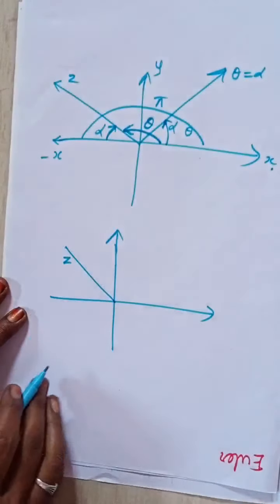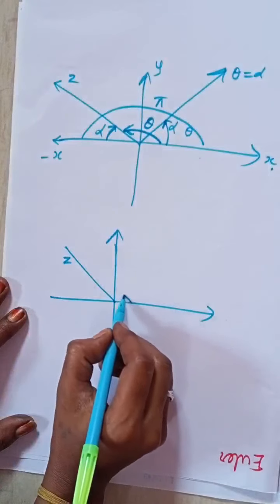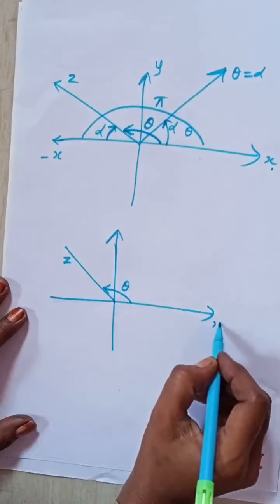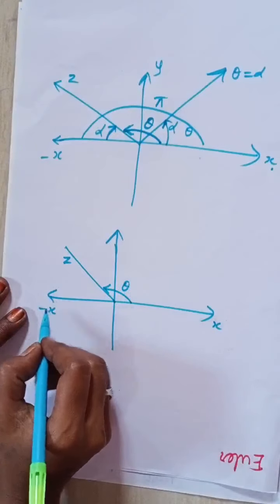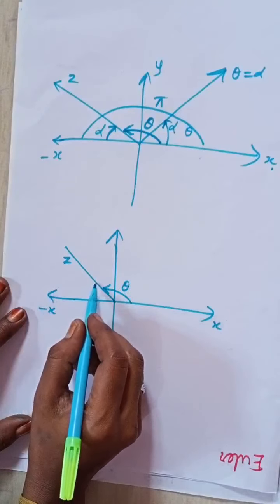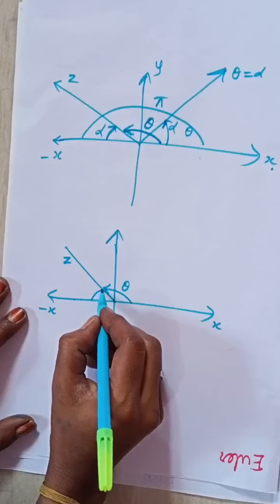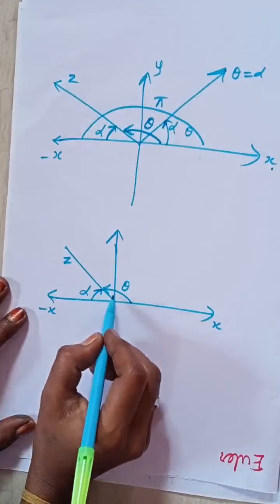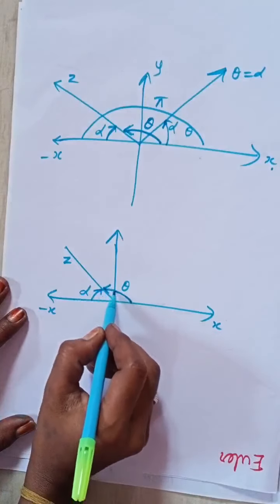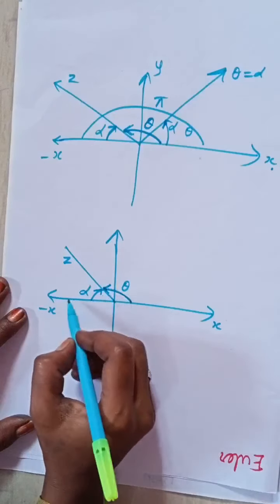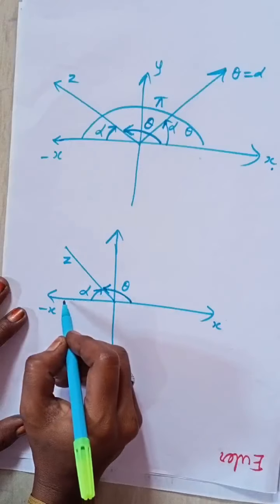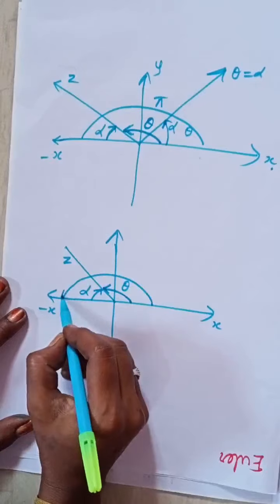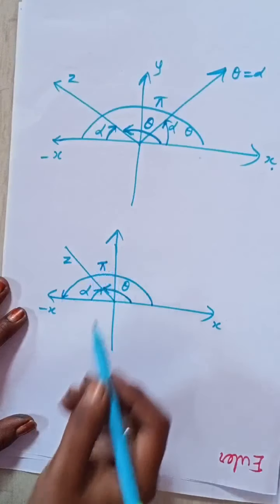And then next, here Z. We need the angle theta. This is the x-axis, and this is the negative x-axis. The negative x-axis and the line segment make an angle alpha. Now we need the value of theta. The straight line makes an angle of 180 degrees, that is pi.